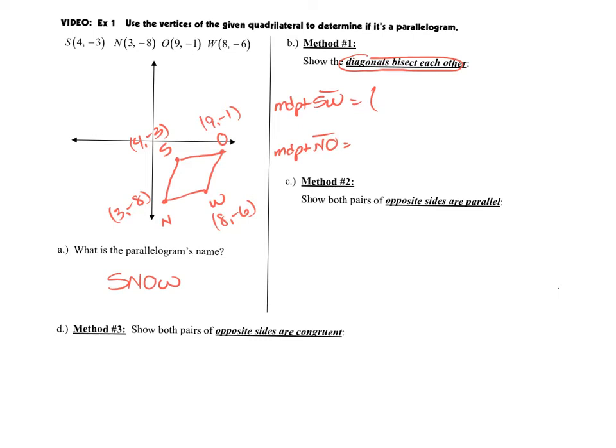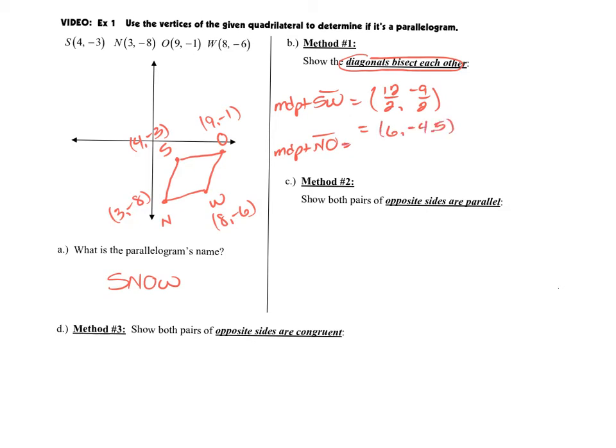So 4 + 8 is going to give us 12/2. And -3 and -6 is going to give us -9/2. That's going to clean up to a 6 and a -4.5.